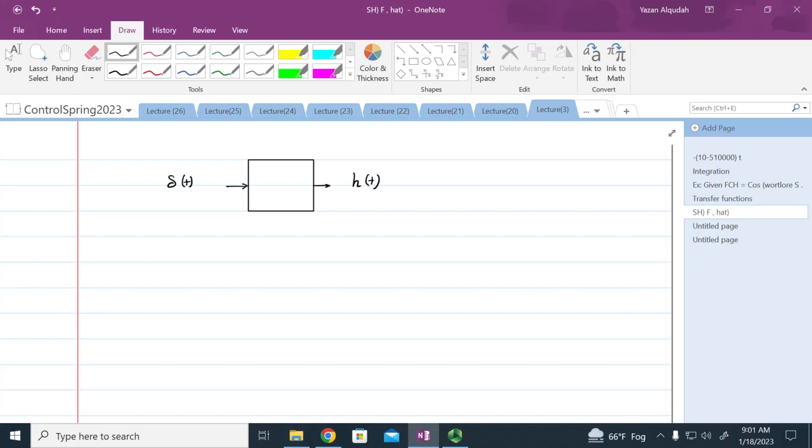It is the convolution. Once I know h of t, if I apply another input, x of t, what is the output going to equal to? X of t convolved with h of t. Does anybody know this?